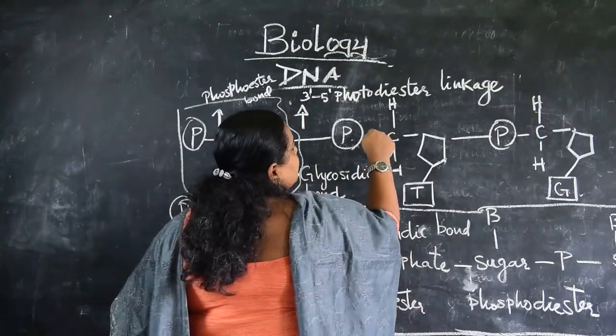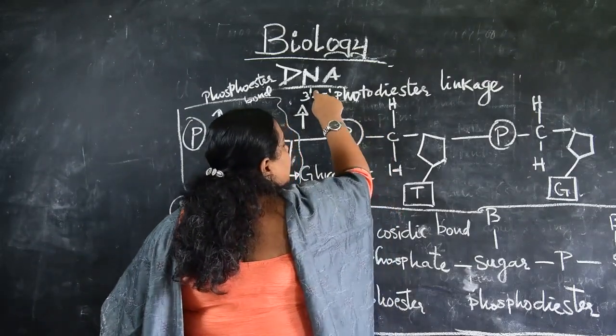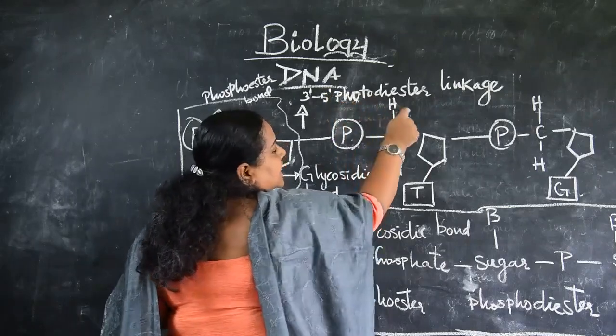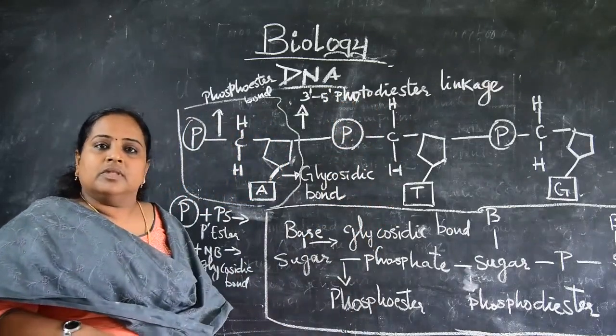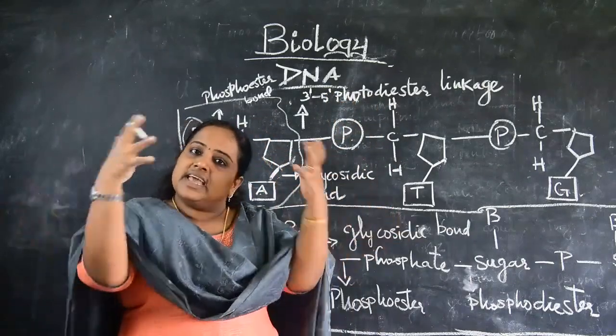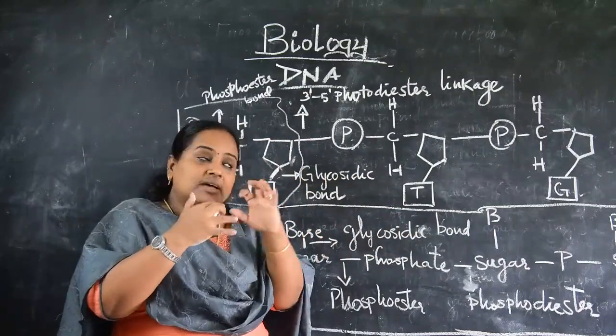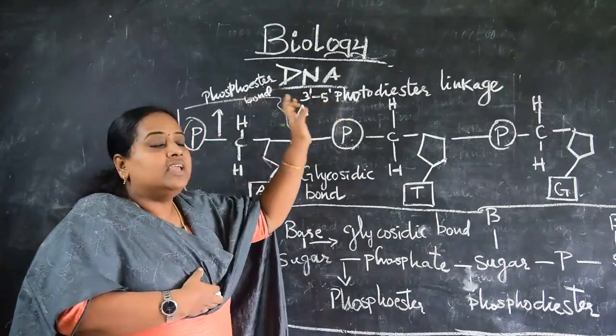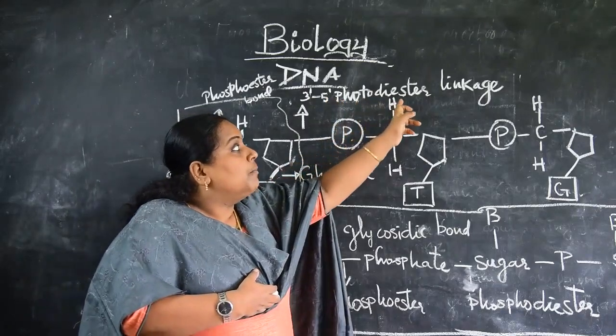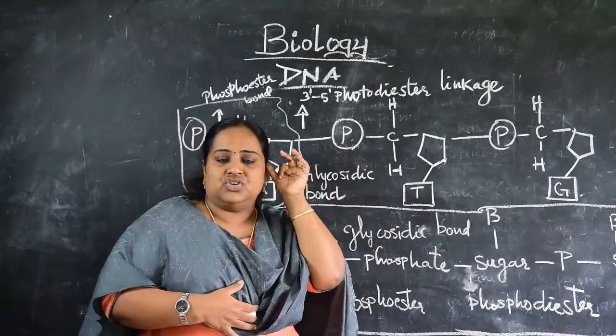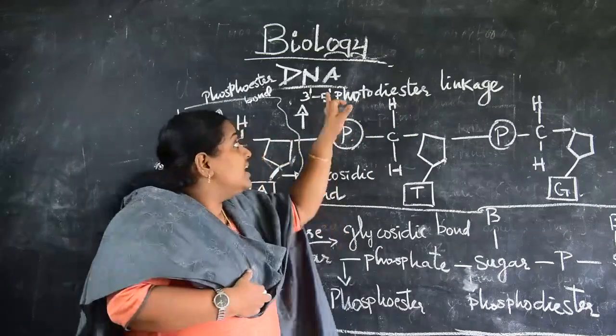They are linked together by 3' 5' phosphodiester linkage. Nucleotides are joined together by the linkage known as 3' 5' phosphodiester linkage. So that is the linkage that joins.